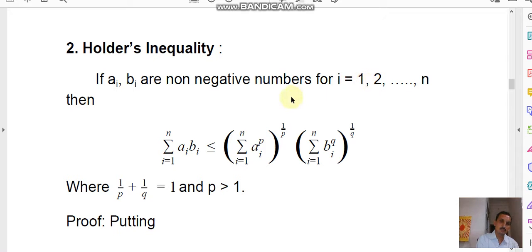Then this Holder inequality tells us that the summation, i varying from 1 to n, of a_i b_i is less than or equal to (summation i equal to 1 to n of a_i^p) to the power 1 by p into (summation i equal to 1 to n of b_i^q) to the power 1 by q, where 1 by p plus 1 by q equal to 1 and p is greater than 1.